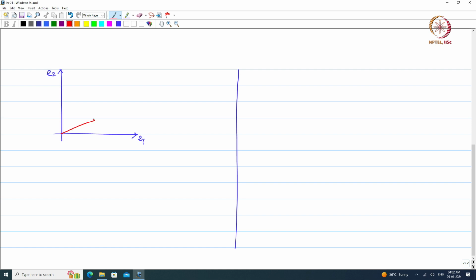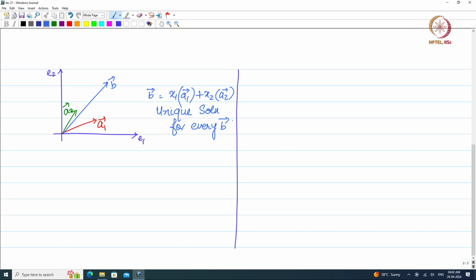If this vector is A1 and this vector is A2, then we can always find a b vector which can be expressed as b is equal to x1 into A1 vector plus x2 into A2 vector, and in this case we have a unique solution for every b. That means you can find a unique pair x1 and x2 such that this is possible.